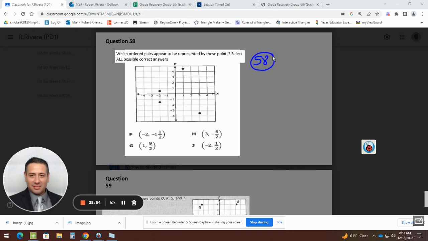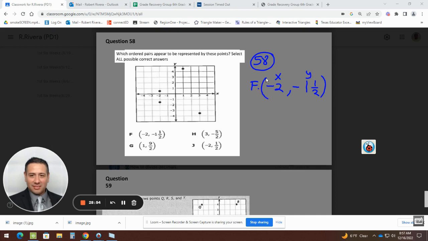When you have questions like this, the first thing I'm going to do is know that for letter F, the first number is your X. The second number, -1.5, that's your Y.